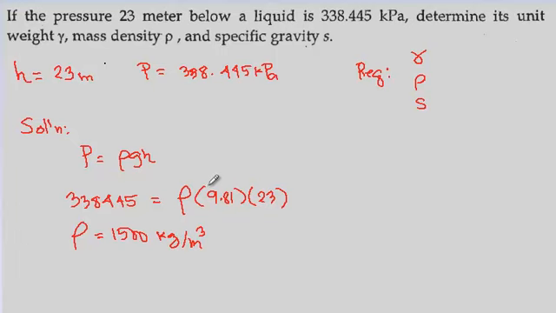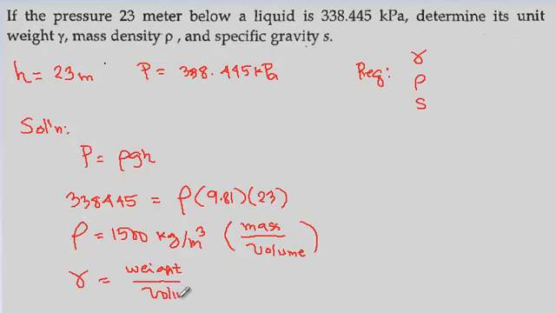Now, how about the other required, gamma and specific gravity? Mass density is just the mass of the liquid divided by its volume. When we say gamma, it's simply equal to the weight of the fluid over its volume.